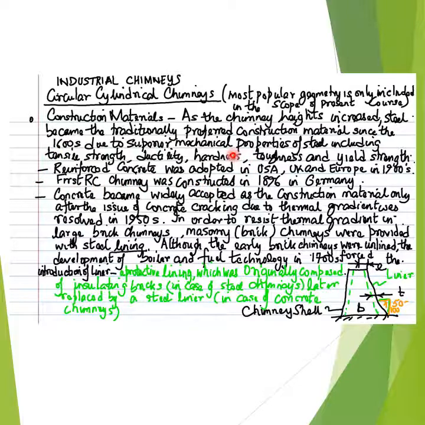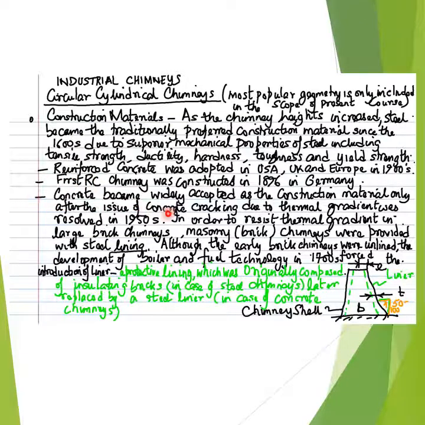Reinforced concrete was adopted as the construction material for industrial chimneys for the first time in USA, UK, and Europe in the 1900s. The first reinforced concrete chimney was constructed in 1896 in Germany.